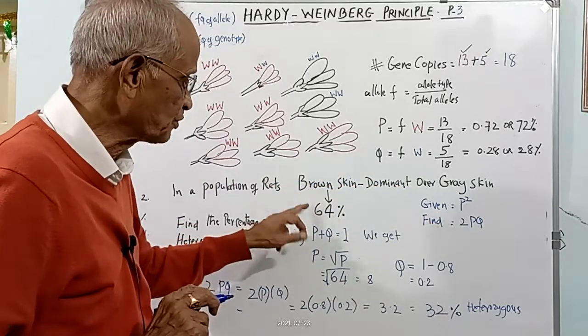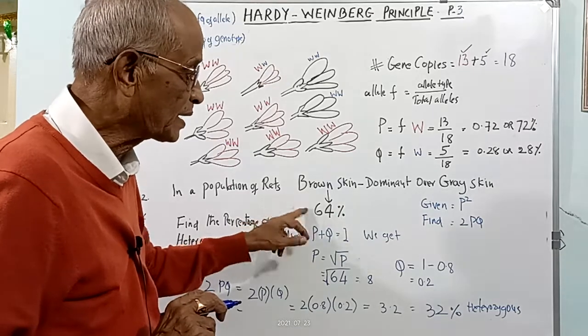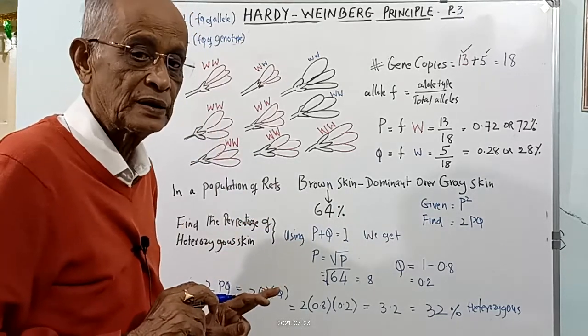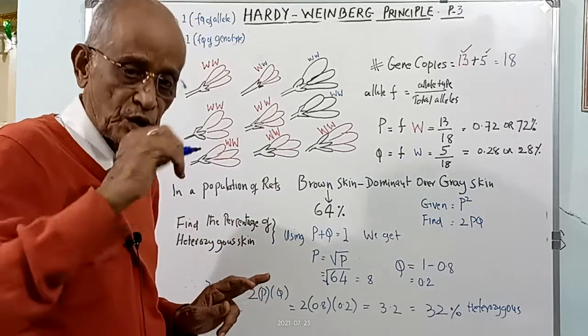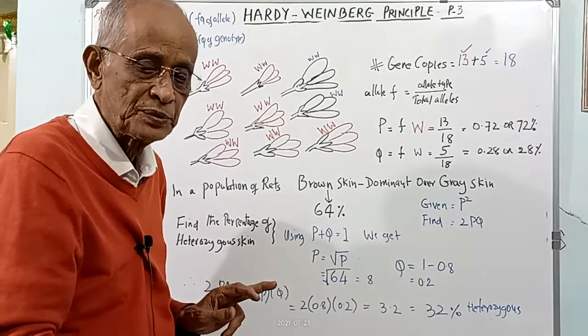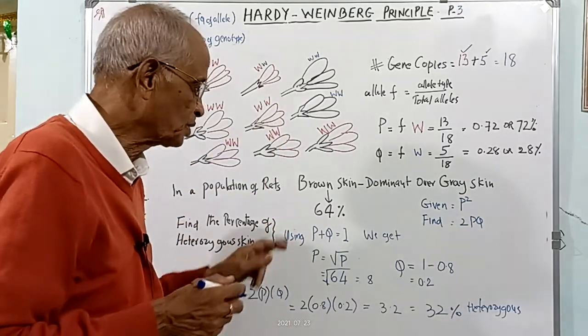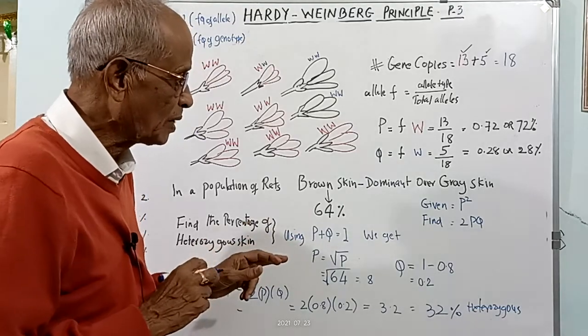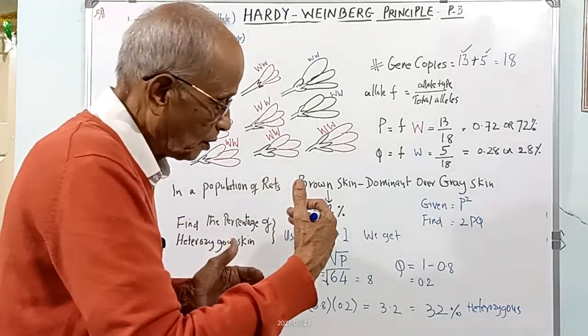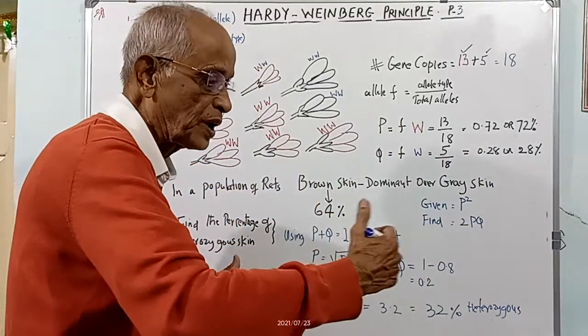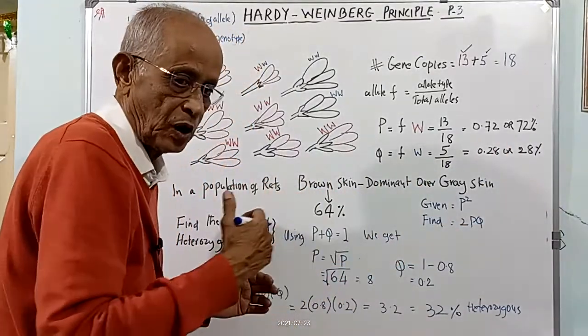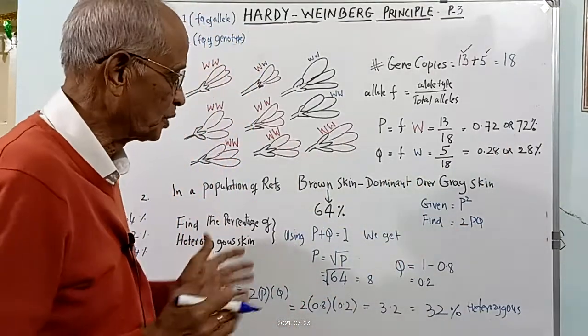So this 64% may contain a heterozygous combination plus homozygous for the brown, and then there will be homozygous recessive. We can calculate all of them. Let's see how to do it now.